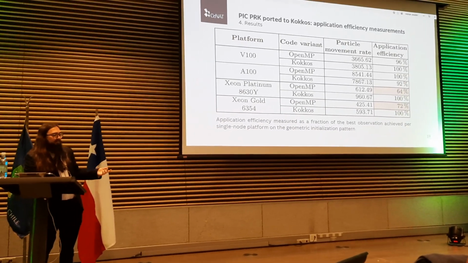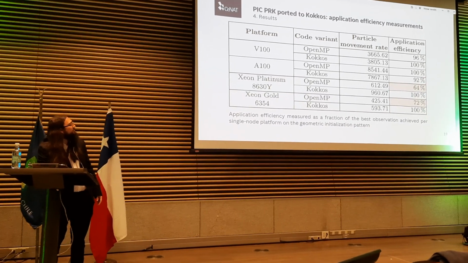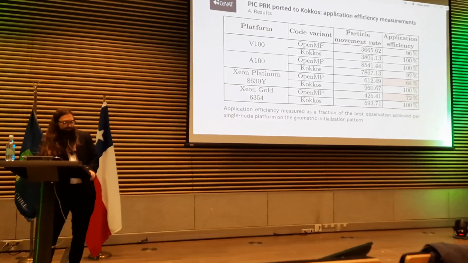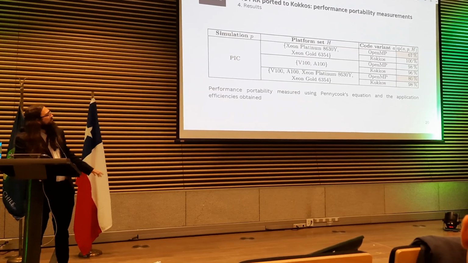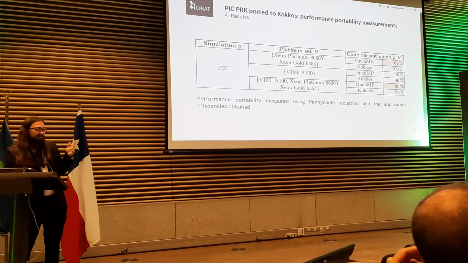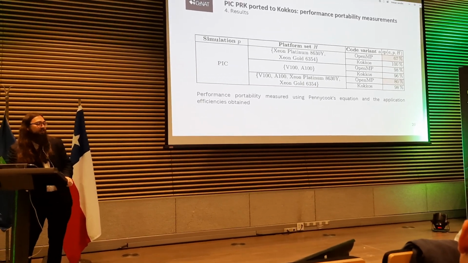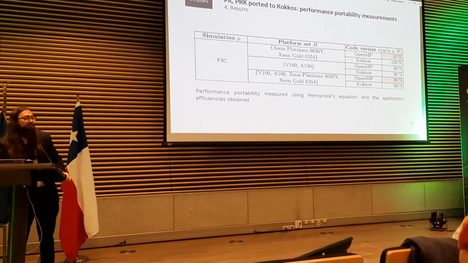So again, when we calculate the application efficiencies of these results, we again see that for some devices, OpenMP got quite low application efficiencies, like this 64% or this 72% here. Using this on the performance portability metric, we again get some low results for OpenMP with 67% on the CPUs and 80% on all the devices considered.